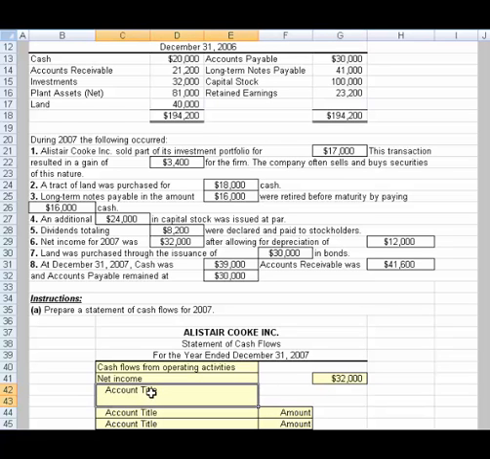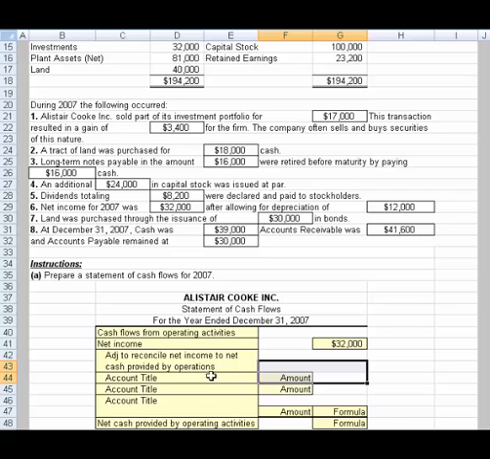And after we have net income, the first thing we have to do is add back adjustments to reconcile net income to net cash provided by operating activities. I've heard that called a couple things periodically.